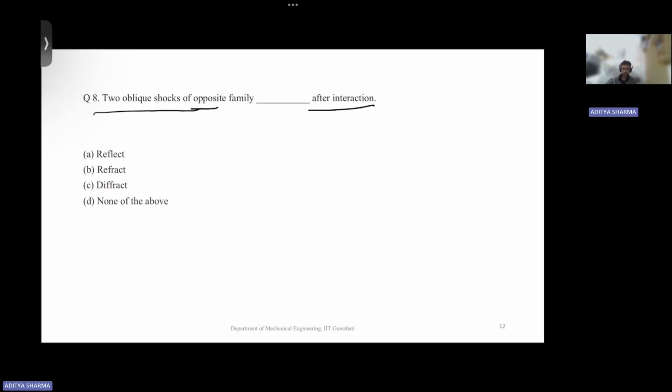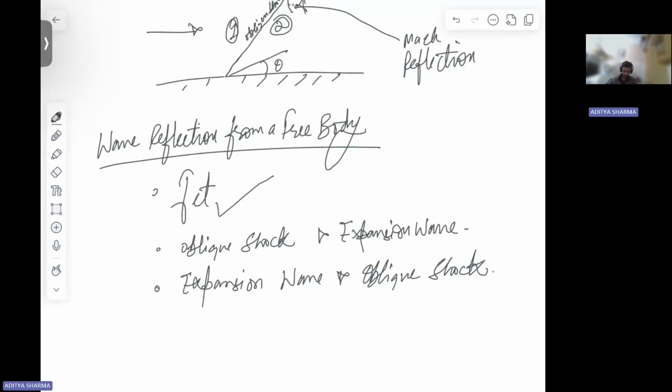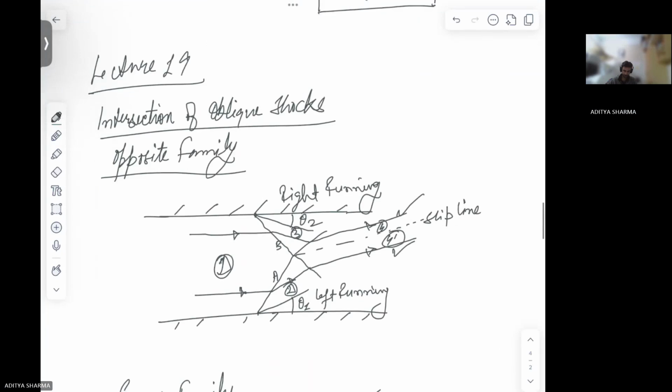Two oblique shocks of opposite family, fill in the blank: after interaction, they refract. So question number 8, opposite family.